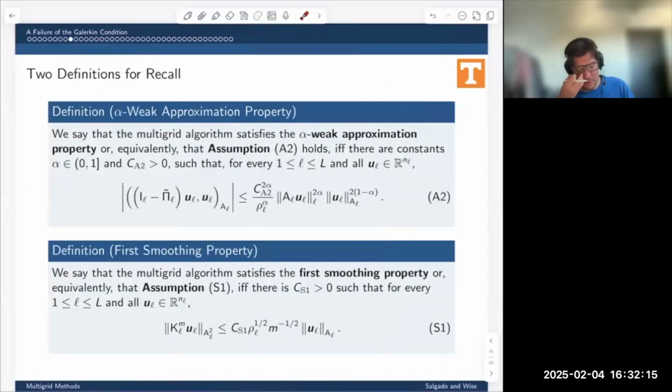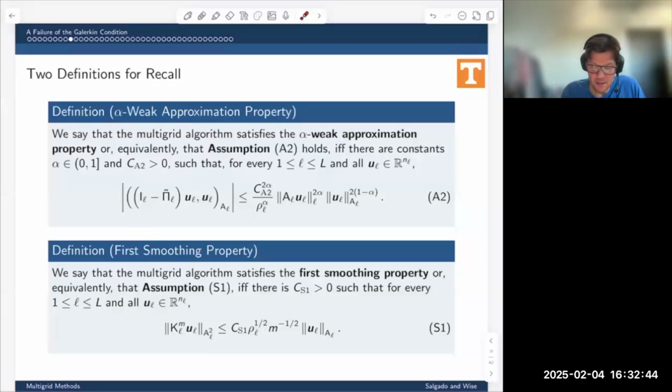All right, so I've also got to recall a couple of definitions that we issued way back when. The first one is called the alpha weak approximation property. We talked about this, oh gosh, many moons ago, in November, maybe even into October of 2024.